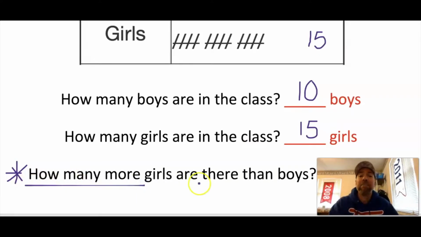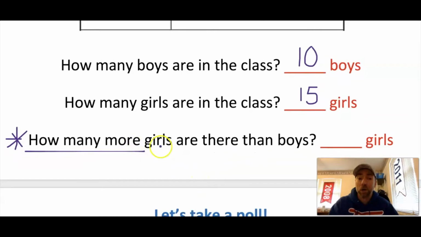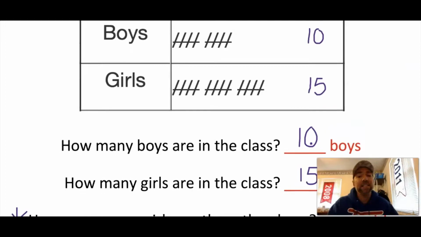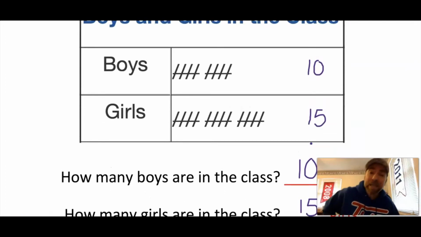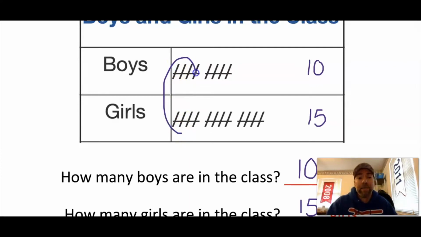Now, this is the toughest type of problem that we do in first grade. How many more girls are there than boys? Since there's more girls, how many more girls are there? Well, let's see. These all go together, and the girls have some left over.